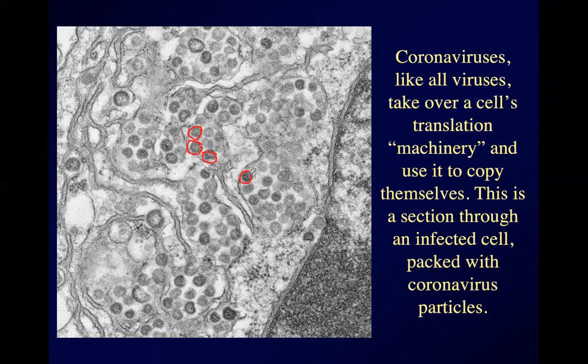They attach to cells in your lungs, and they turn your lung cells into factories for making more coronaviruses. The coronavirus takes over a cell's machinery and uses it to make more copies of the virus. And then those come bursting out and they spread to other cells in your lungs and so on.